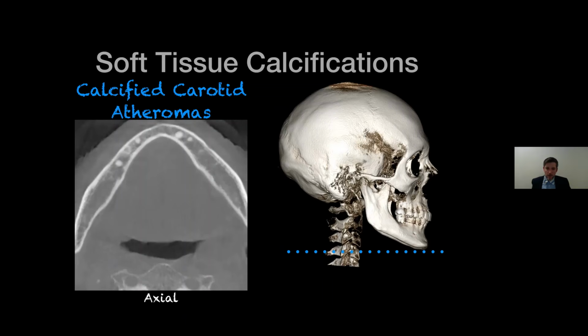If the patient's not being treated for cardiovascular disease or hypertension, what do you do next if you see this? Then that would just warrant the patient following up with their physician. Oftentimes when I see these, the patient's already being medically managed for hypertension or cardiovascular disease.